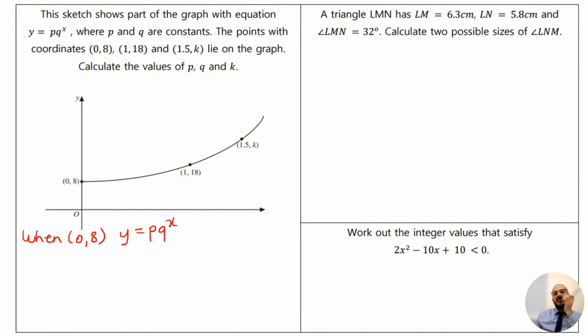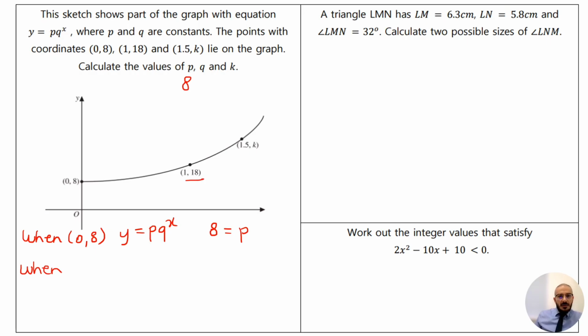If I substitute 0 into x and 8 into y, it gives me 8 is equal to p times q to the power of 0. And we know that q to the power of 0 is the same thing as 1. So p times 1 is p, so p is 8. So we found p to be 8.